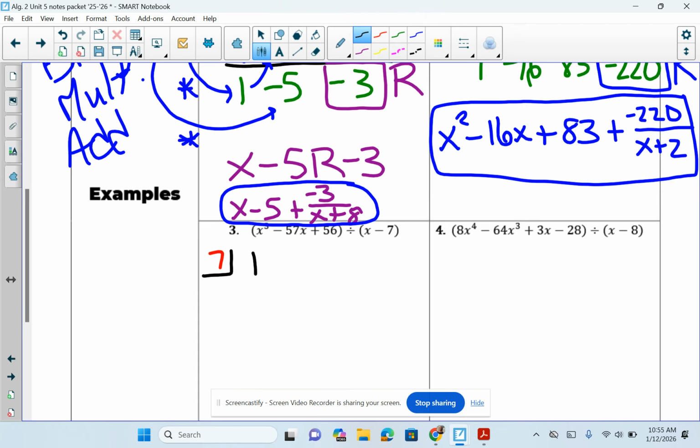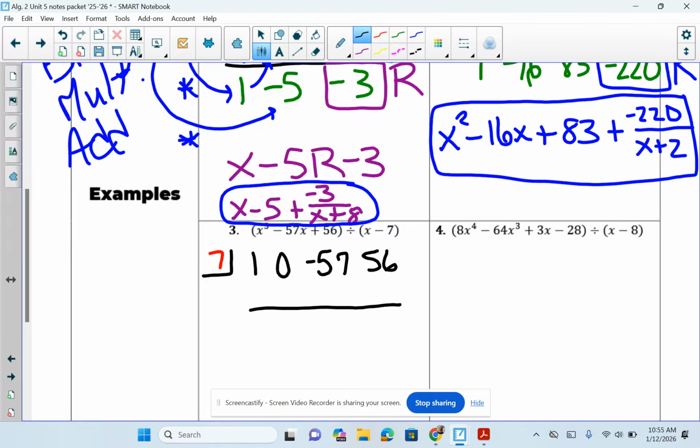How many x squareds do I have? 0. Do I have to put that 0 there? Yes. You have to have a placeholder just like you did with long division. How many x's? Negative 57, right? And my constant of 56.